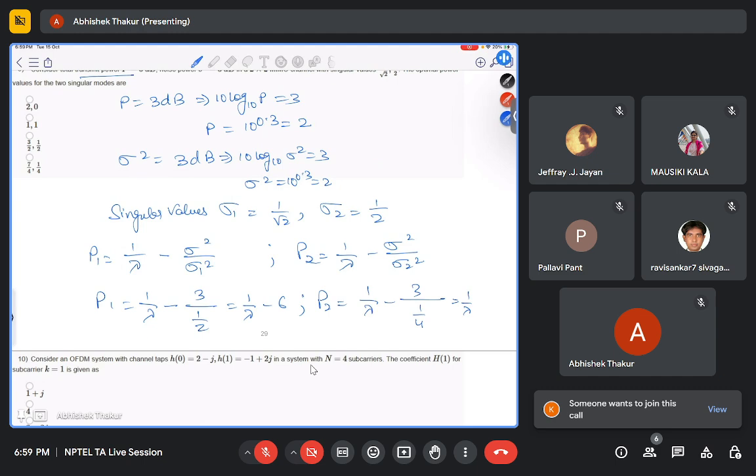Sorry, sigma square is 2, because we have to take the normal value, not the value in dB. So this will become 1 by lambda minus 4, and this will become 1 by lambda minus 8.